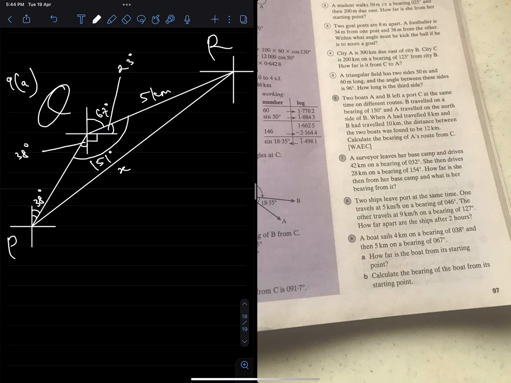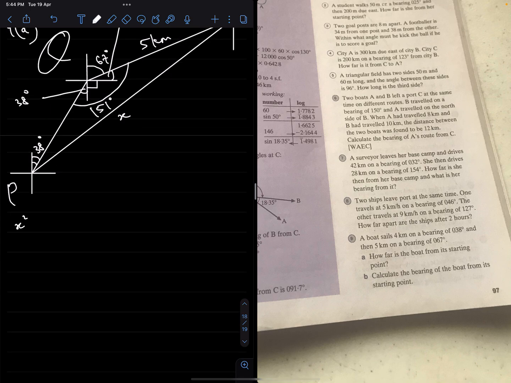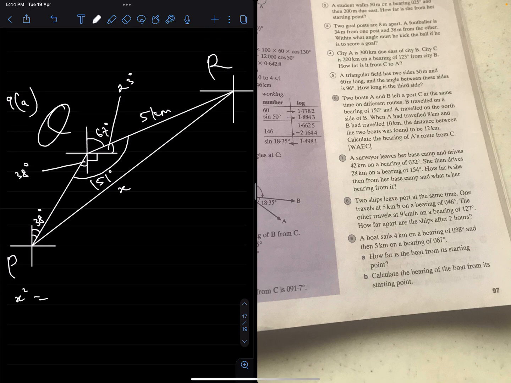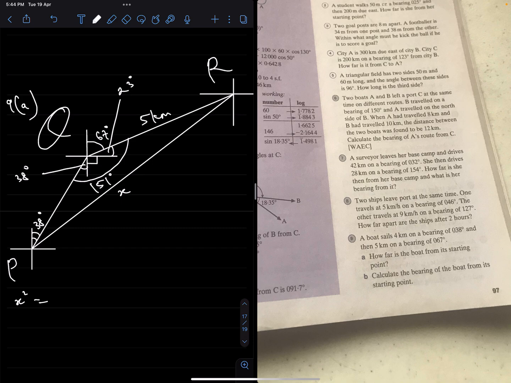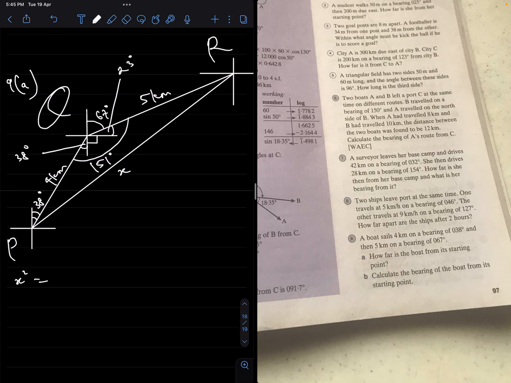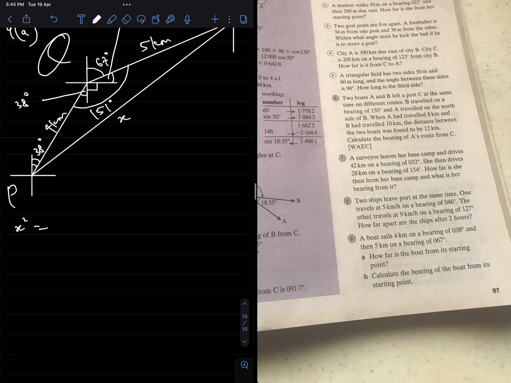The distance from P to Q is 4 kilometers, since it sails 4 kilometers on a bearing of 038 degrees. Then QR is 5 kilometers on a bearing of 67 degrees. So that's the diagram simply.